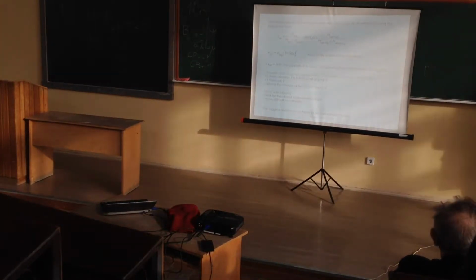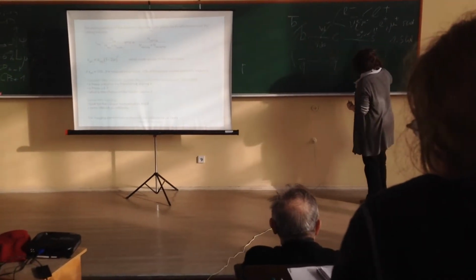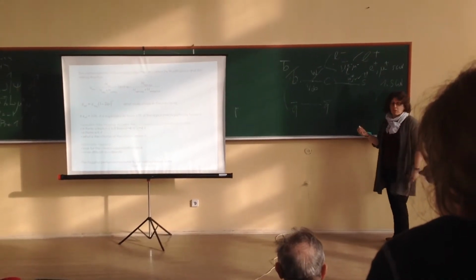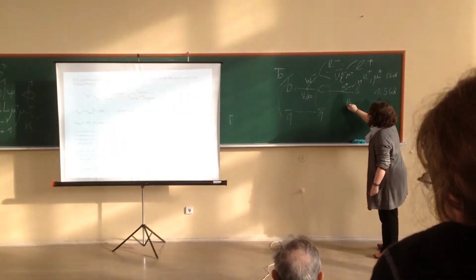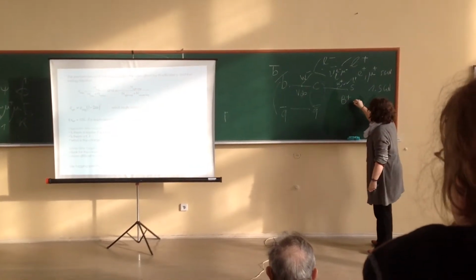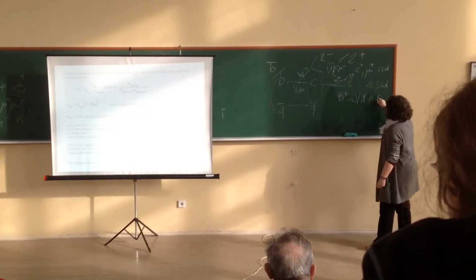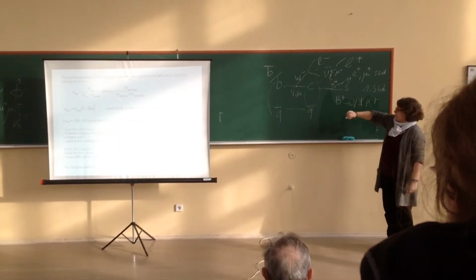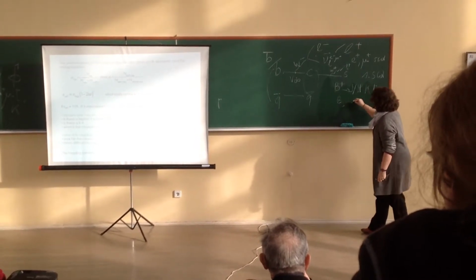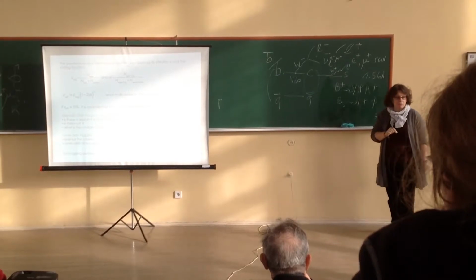So in order to calibrate it on data, what you can use, for example, is this type of decay, B plus to J/psi K plus. Okay? So this is similar, not identical, but similar to my BS to J/psi phi.